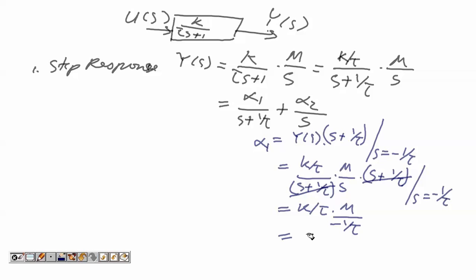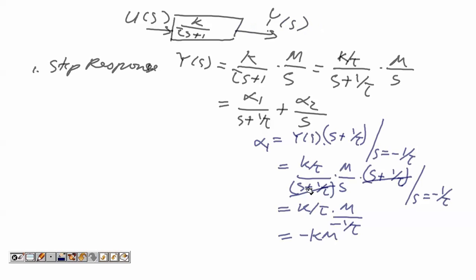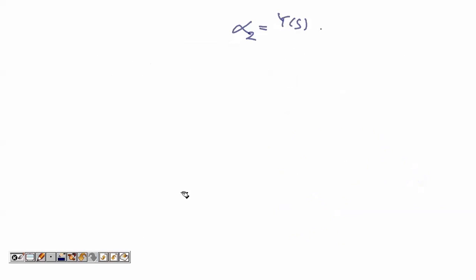Now we get the alpha 1. Alpha 1 is minus KM, and then alpha 2. What is the alpha 2? Alpha 2 is Y(s) times s, actually s plus 0, and set s to 0.